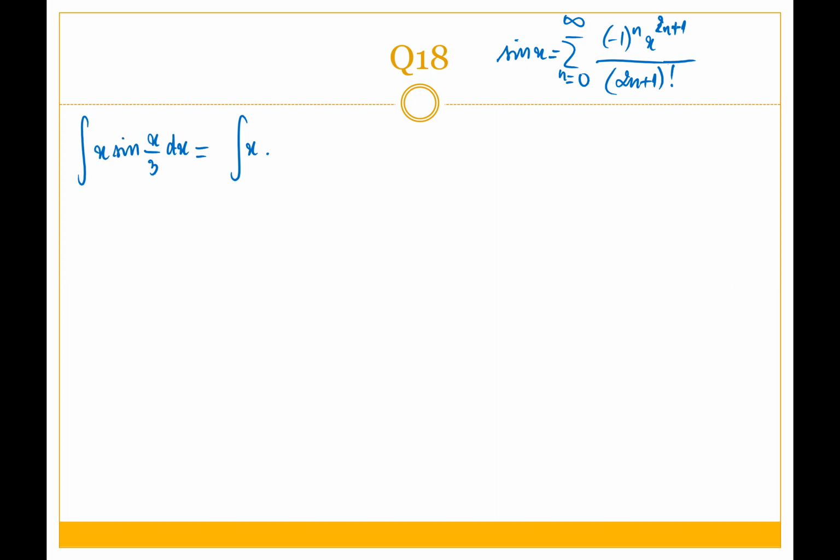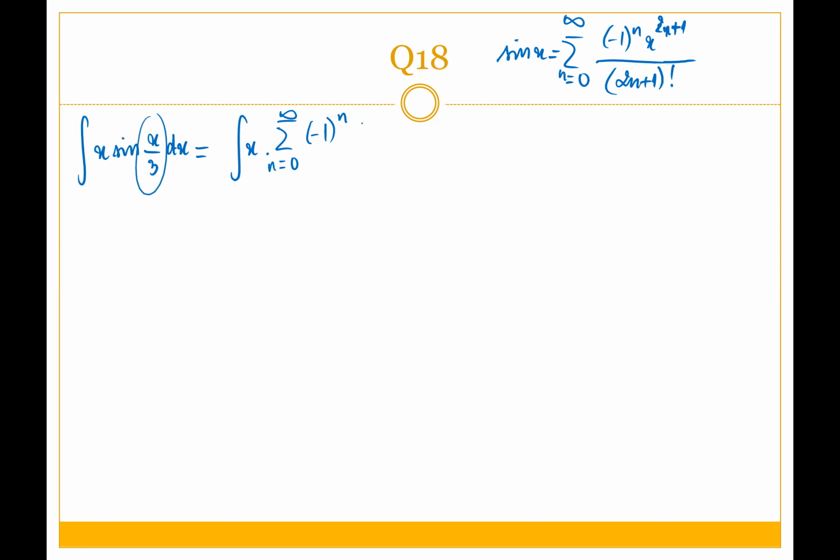When you have its center at some other value, like say center at a, then you have a Taylor representation, right? Yep, that is the power series representation. In this case, I'm just going to plug it in: instead of x, I replace it with x over 3.